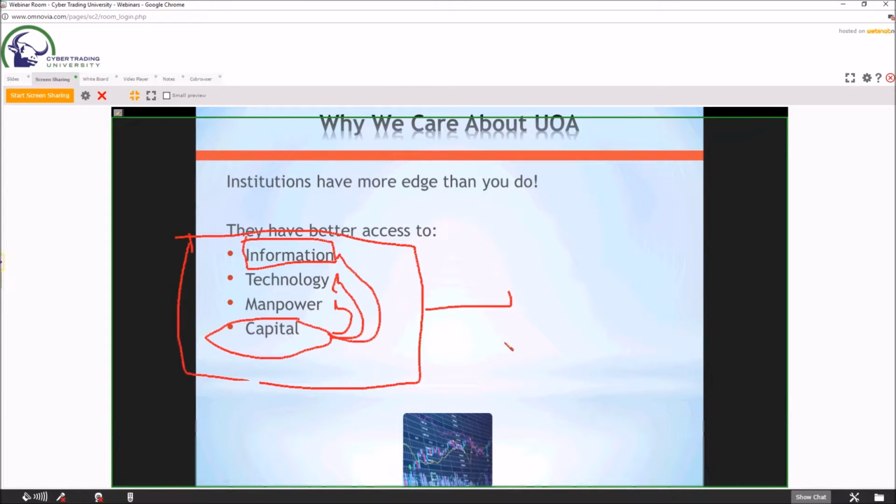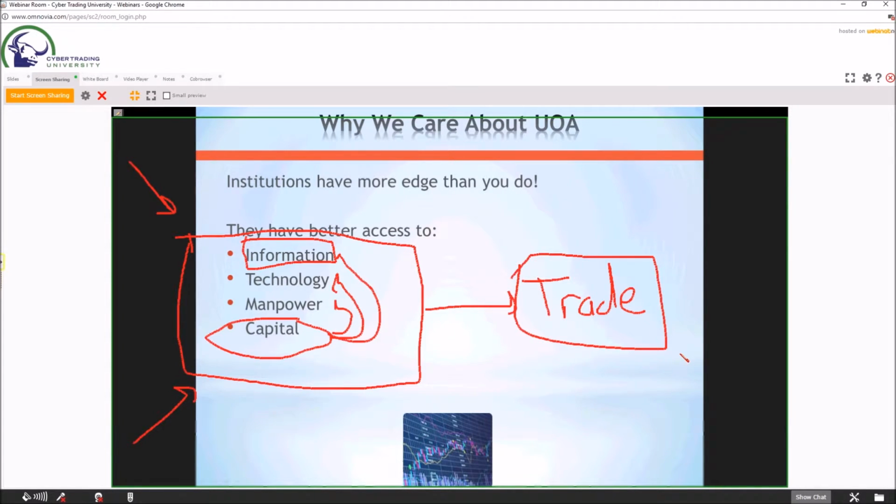Well, the answer lies in unusual options activity, because at the end of the day, the end result of all of the information, be it insider or public information, that comes into this hedge fund machine is a trade. They go into the market and trade, right? If they had some type of an opinion or some type of piece of insider information, they're not going to not trade on it.